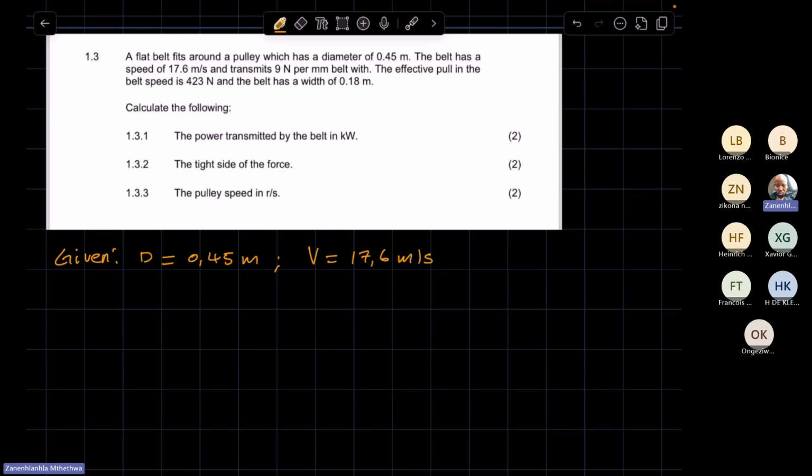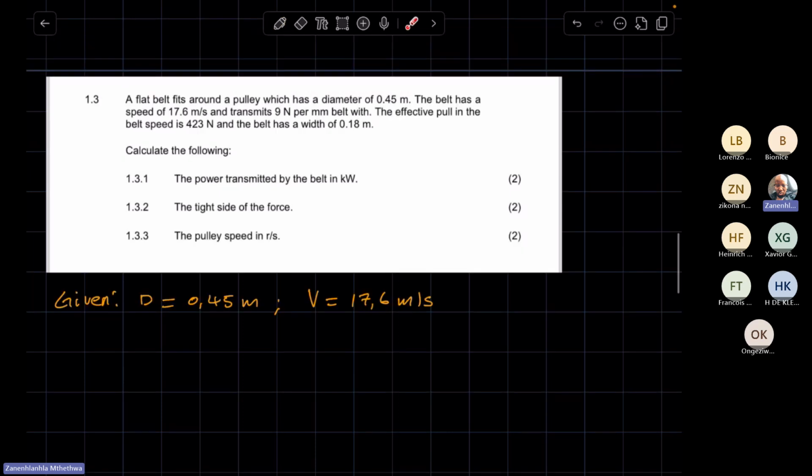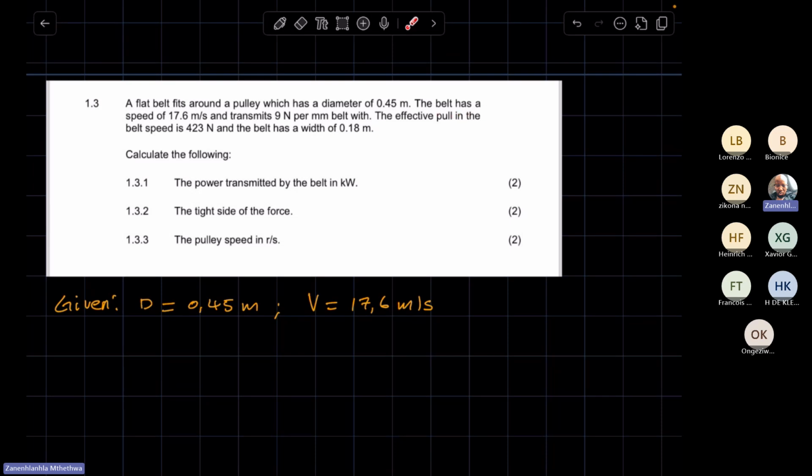Now, how they've put this is a bit flawed. But the belt has a speed of this and transmits 9 newtons per millimeter of belt width.